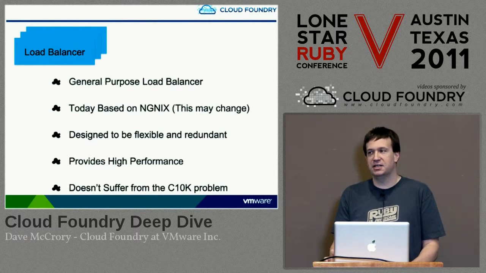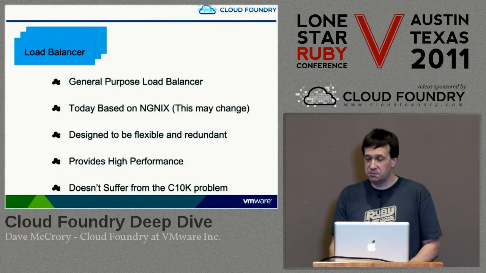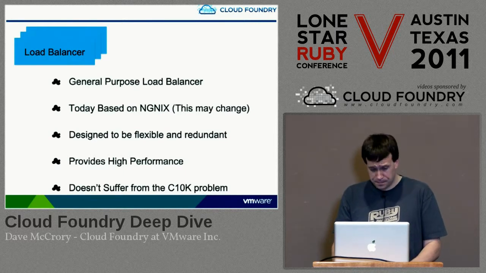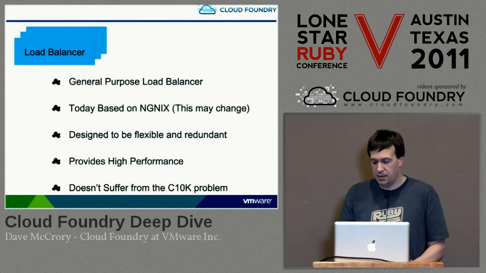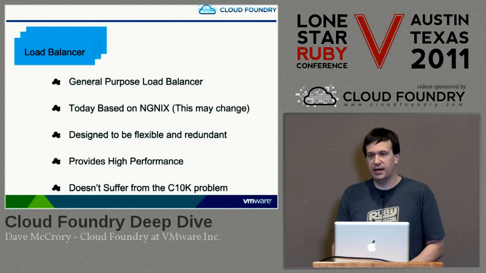It's not something like Apache where it's trying to spawn threads for each session. It's incredibly performant and flexible. It's also not hardware. A lot of people think that you have to have hardware-based load balancers. You don't. In fact, most clouds out there layer load balancers, and at some point the load balancers that are closest to the code are software, not hardware.